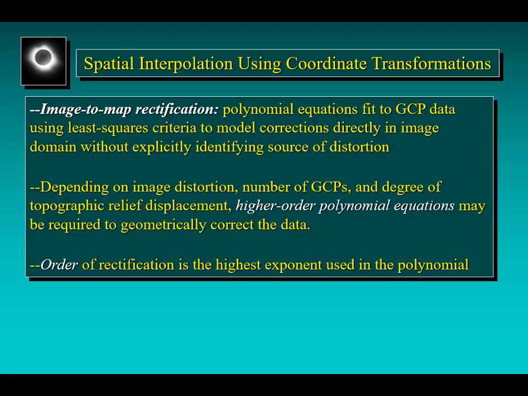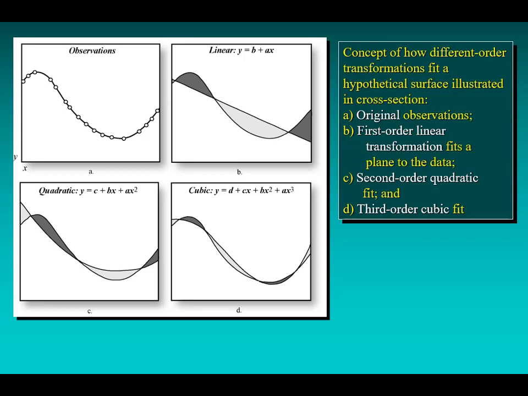polynomial equation. To better understand the different orders of polynomials that could potentially be used for geometric correction, let's consider this hypothetical example here. So here we're illustrating the concept of how different ordered transformations could fit a hypothetical surface that we illustrate here in cross section. So in the upper left-hand figure, we have the original observations.